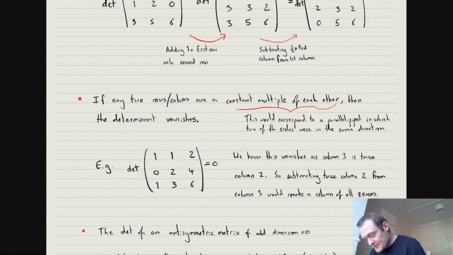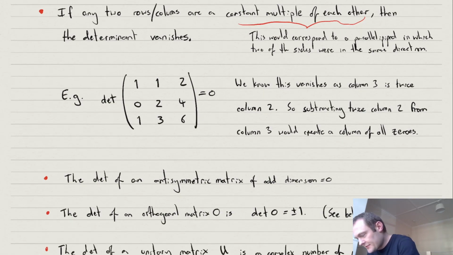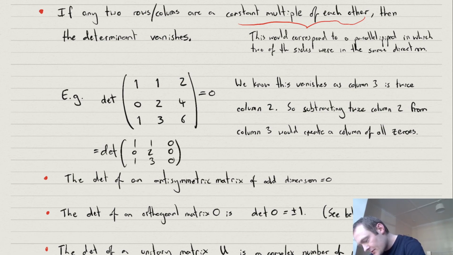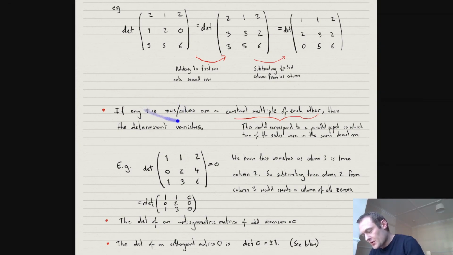This vanishes, and the reason I know it vanishes is because column 3 is twice column 2. So I could subtract 2 lots of column 2 from column 3, and that would give you a determinant with columns 1, 0, 1; 1, 2, 3; 0, 0, 0. And I know that this vanishes because it has an entire column that vanishes. So yes, if any two rows or columns are a constant multiple of each other, then the determinant vanishes.